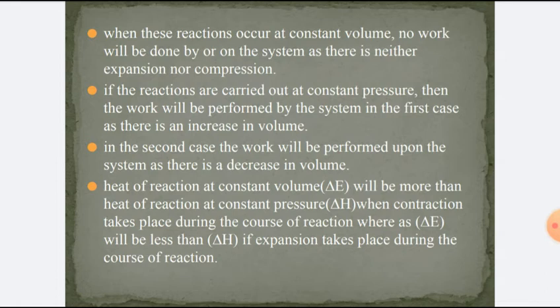Heat of reaction at constant volume, delta E, will be more than heat of reaction at constant pressure, delta H, when contraction takes place during the course of reaction, whereas delta E will be less than delta H if expansion takes place during the course of reaction.